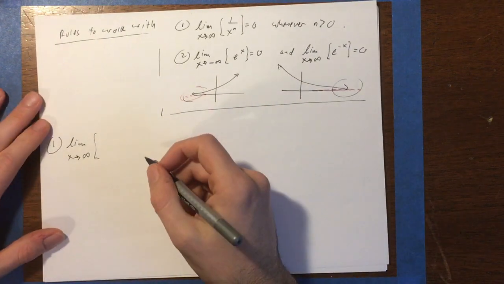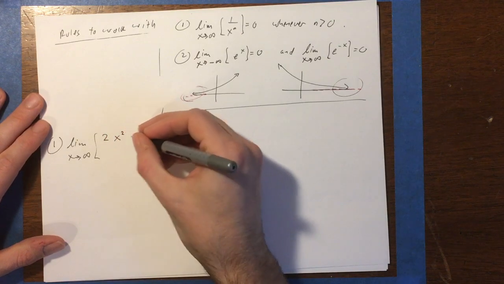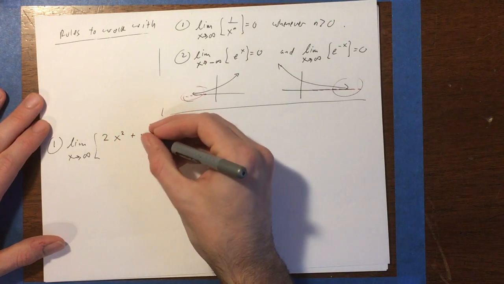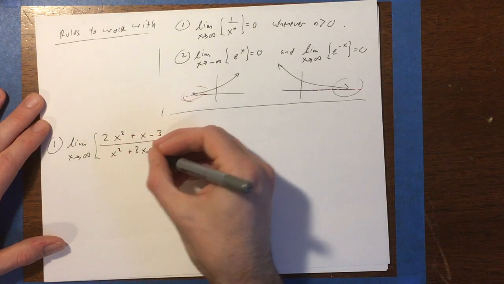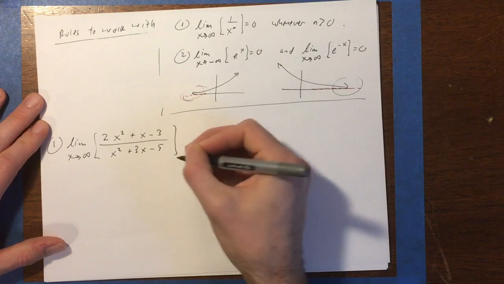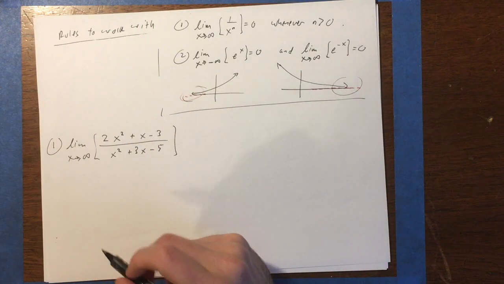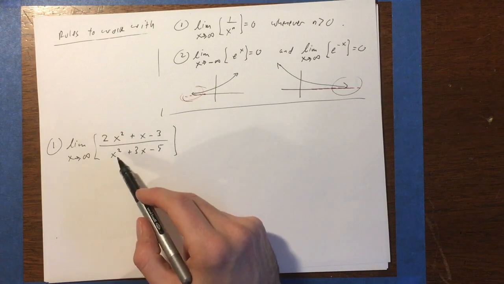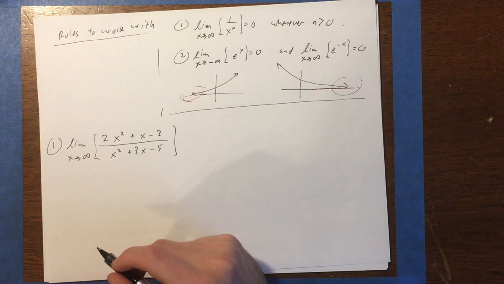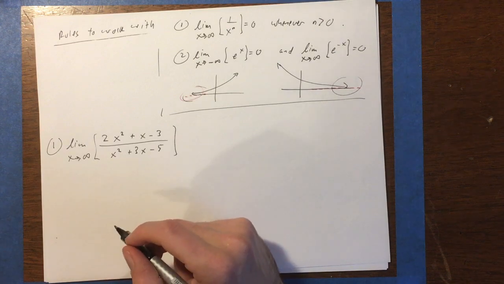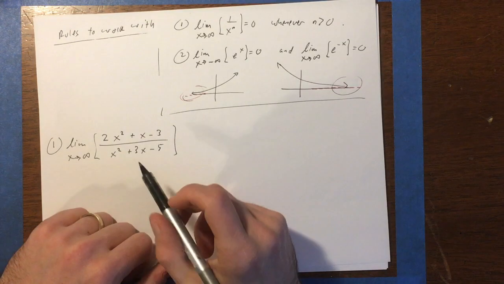But for the first one, let's do 2x squared plus x minus 3 over x squared plus 3x minus 5. This is a rational function where the degrees are matching one another. The degree of the numerator and the degree of the denominator, that is, are both equal to the same thing, which is 2.